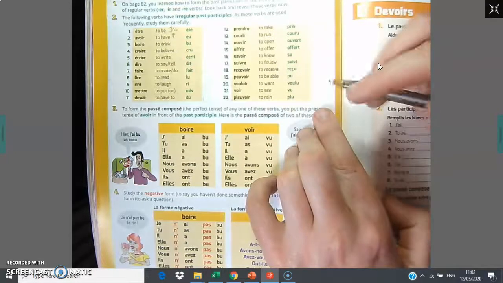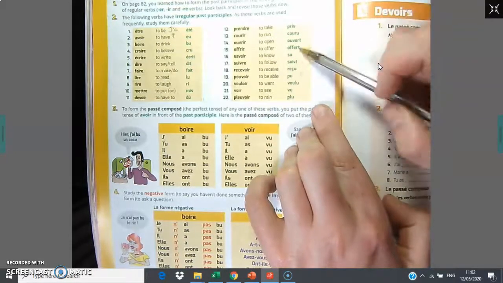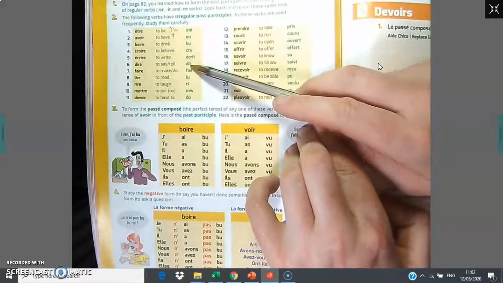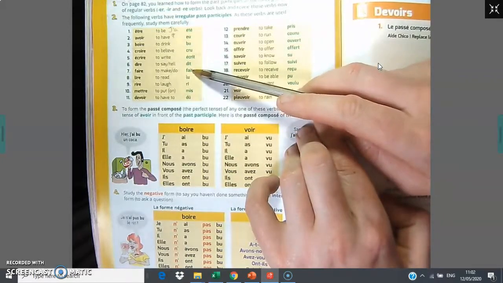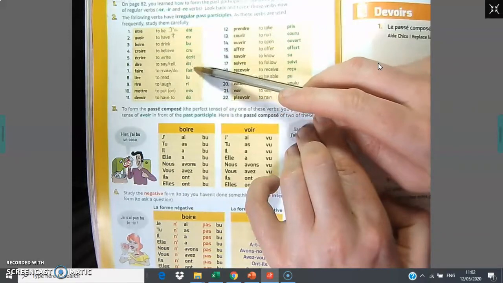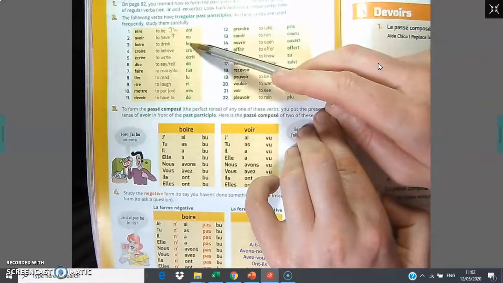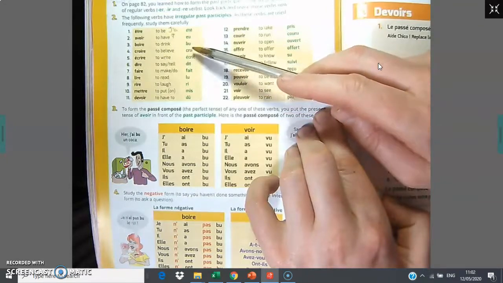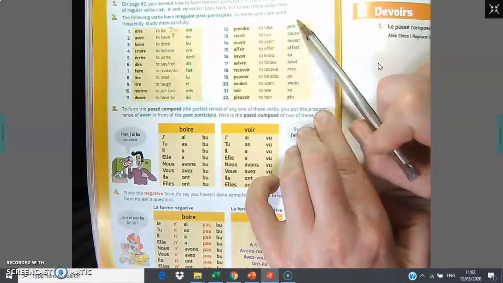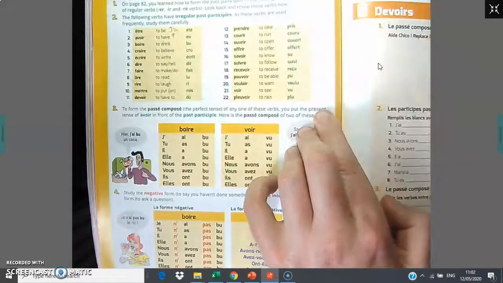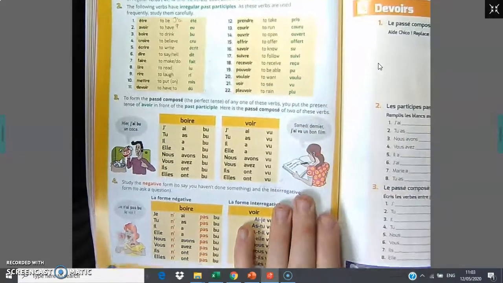So what I would do is remember we split them into kind of three columns. The ones that ended in like FAIT, then the ones ending in IT like dit and écrit. Then we had the ones that end with the U's, and then we had the ones that end in the IS's. So maybe separate them into three columns because I think that's the easiest way to list them together.